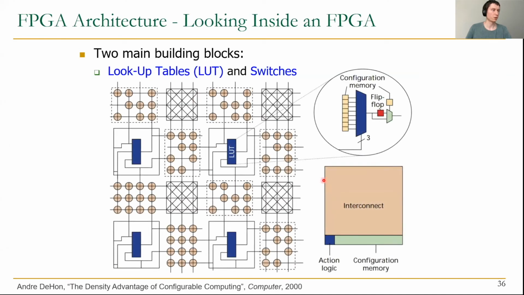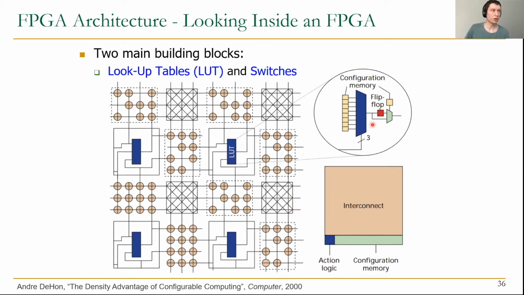So when we zoom into an FPGA, it looks like this. We have a lookup table. We have switches here that make up the interconnects. And depending on how we configure those switches, the outputs and inputs of individual lookup tables get connected to different lookup tables.